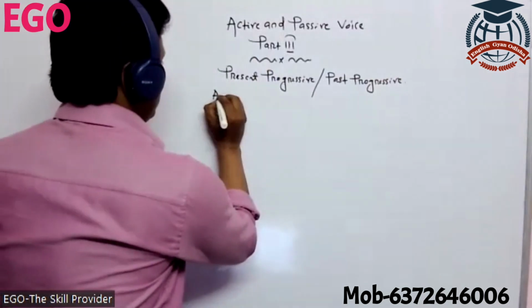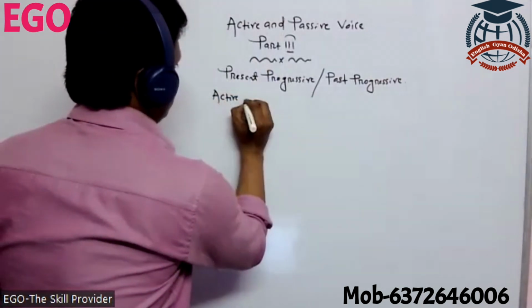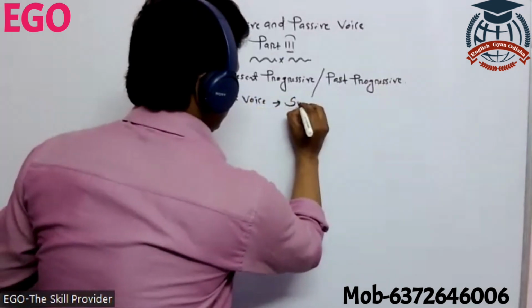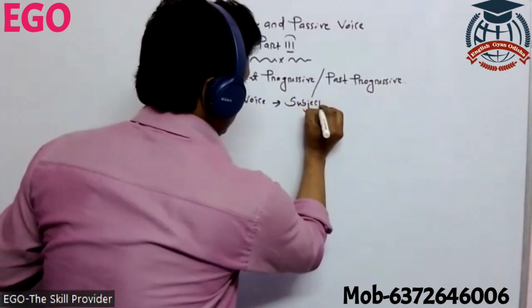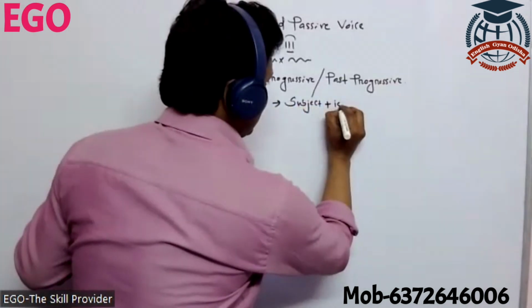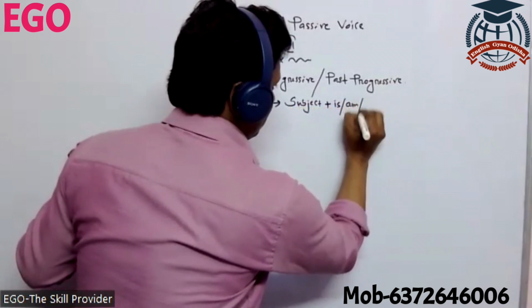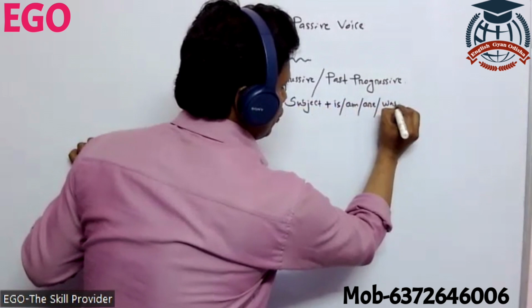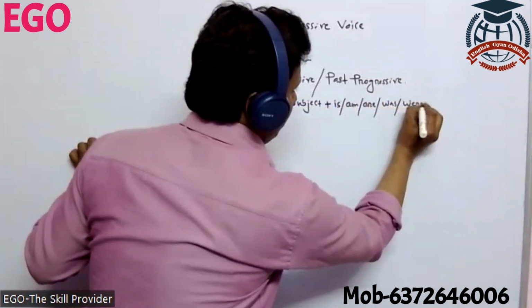Active structure is like this. Check it out. Active is like that: subject plus is, am, are, was, or were. It depends.